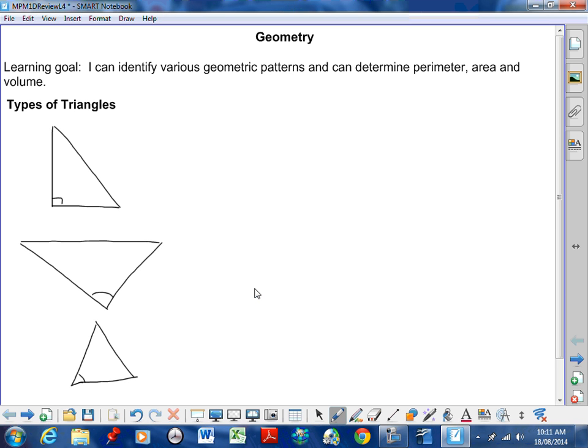The first one, because it has that square in the bottom corner, is a right angle triangle. My second one that I drew here, because this angle is greater than 90, we call an obtuse triangle.